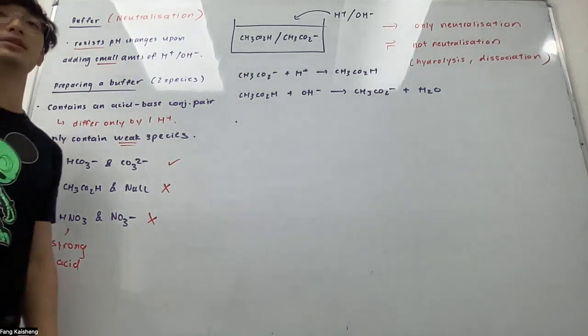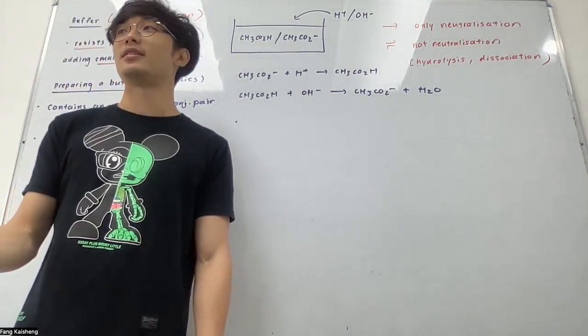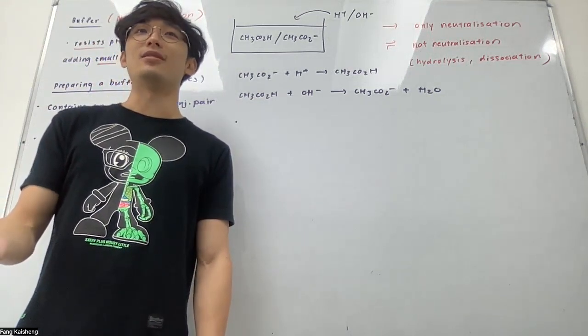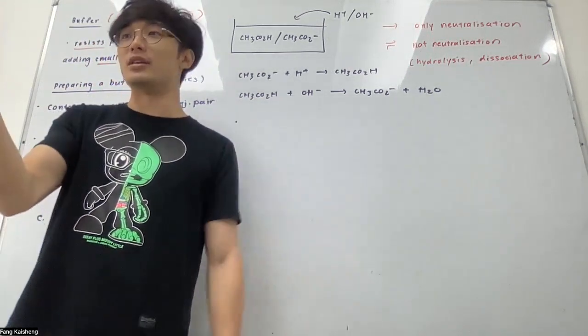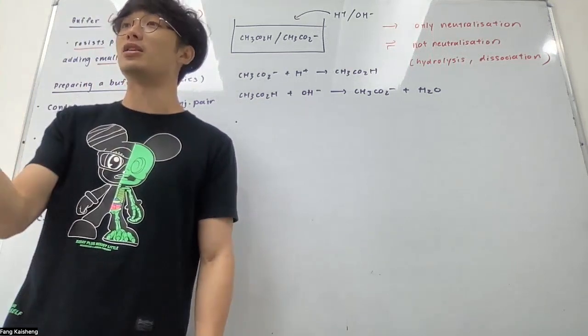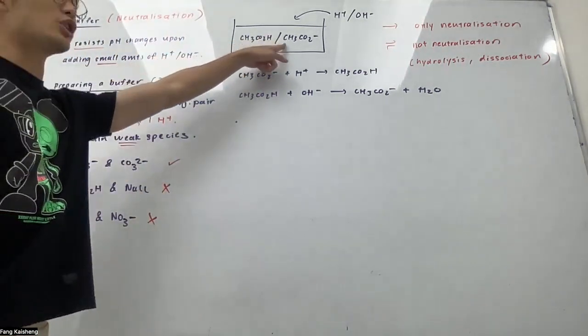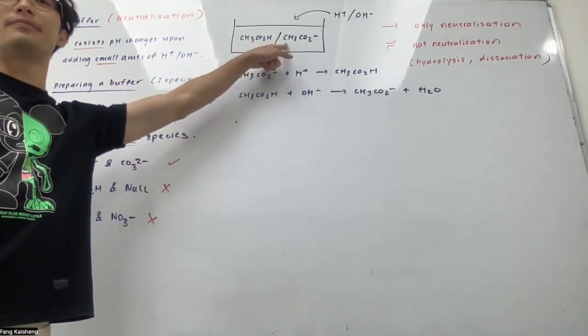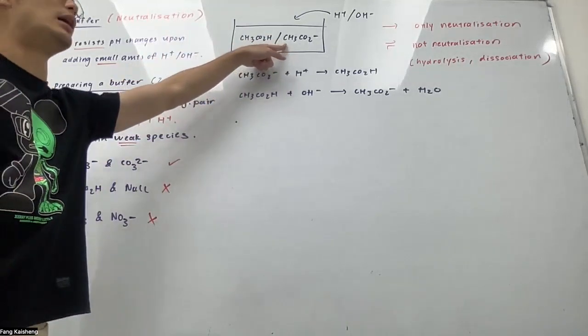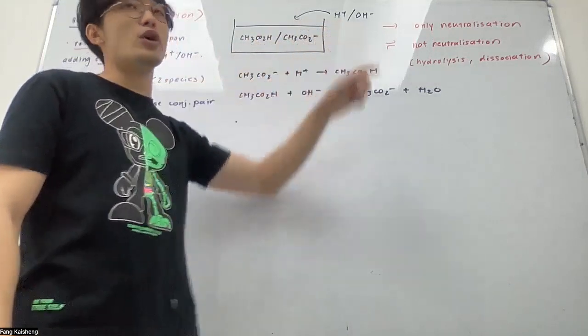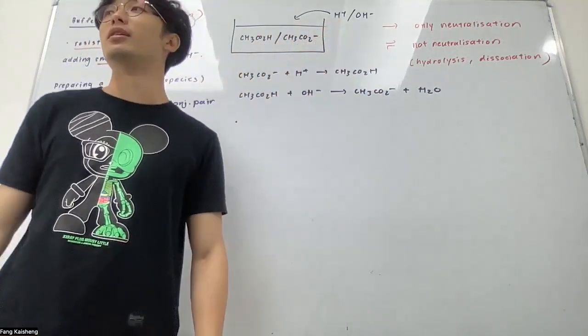Is the ocean going to become sour? Why? Because its scale is so small compared to the ocean. So now I need you to transpose that analogy to a buffer. The acid and conjugate base pair is the ocean. Imagine the size, the proportions. However much H plus or OH minus you add inside is like a tablespoon.